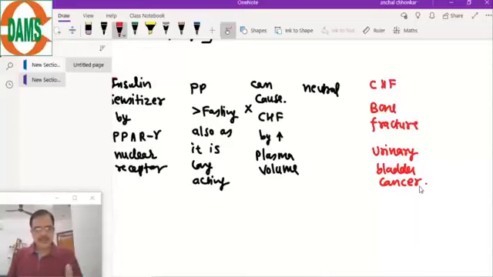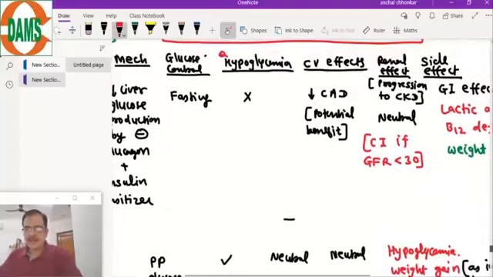CHF, a very important side effect. It can cause bone fractures. It is also implicated in urinary bladder cancer. Now coming to pancreatitis: no, it does not cause pancreatitis. So these are the characteristic side effects.